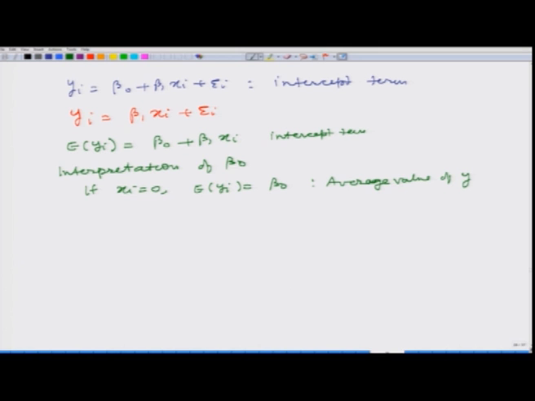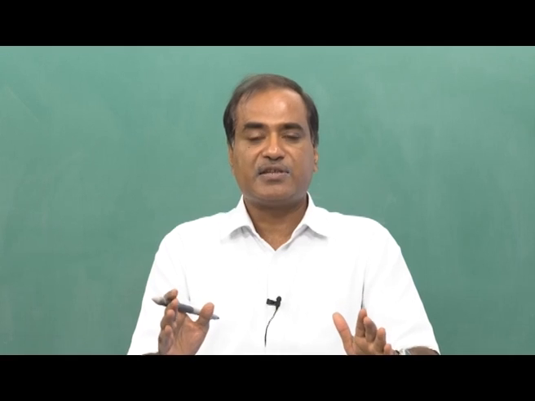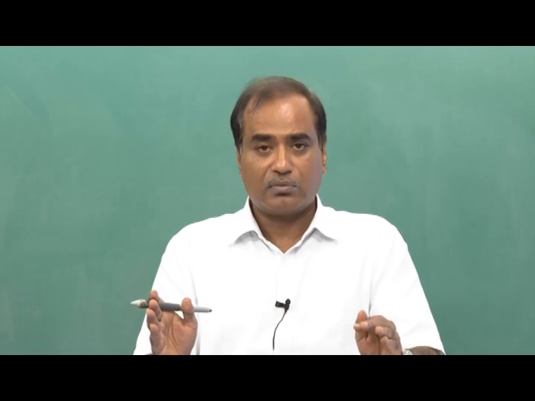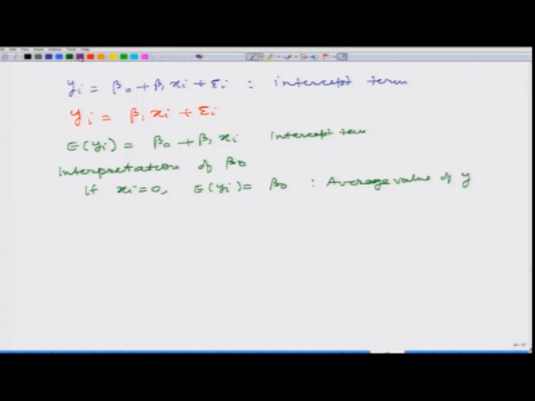Now in this case, when I put 0 fertilizer in the soil, am I getting 0 outcome? On the other hand, if I take the model without intercept term, that is something like beta 1 xi without intercept term, then if xi is equal to 0, the expected value of yi is equal to 0.